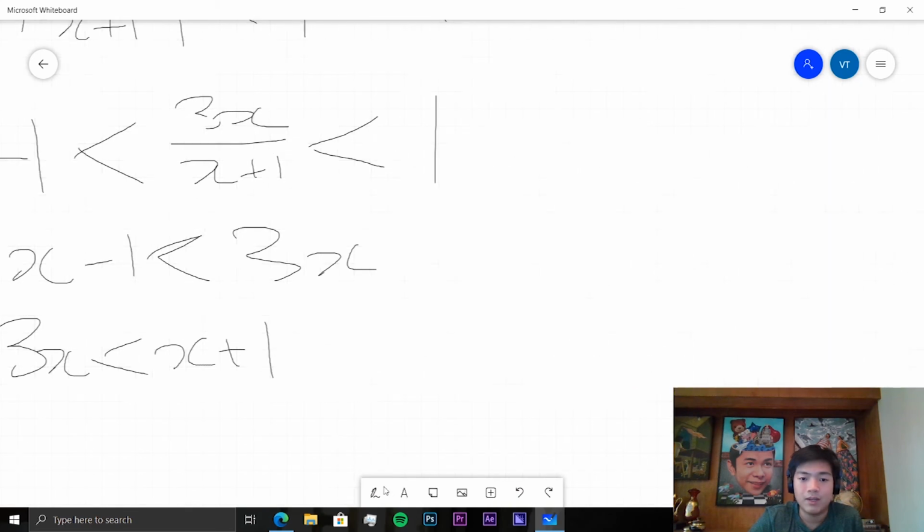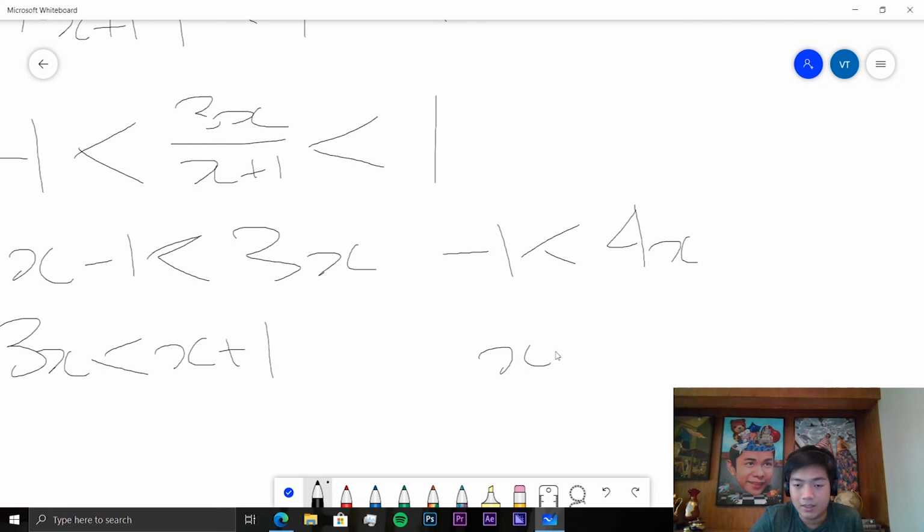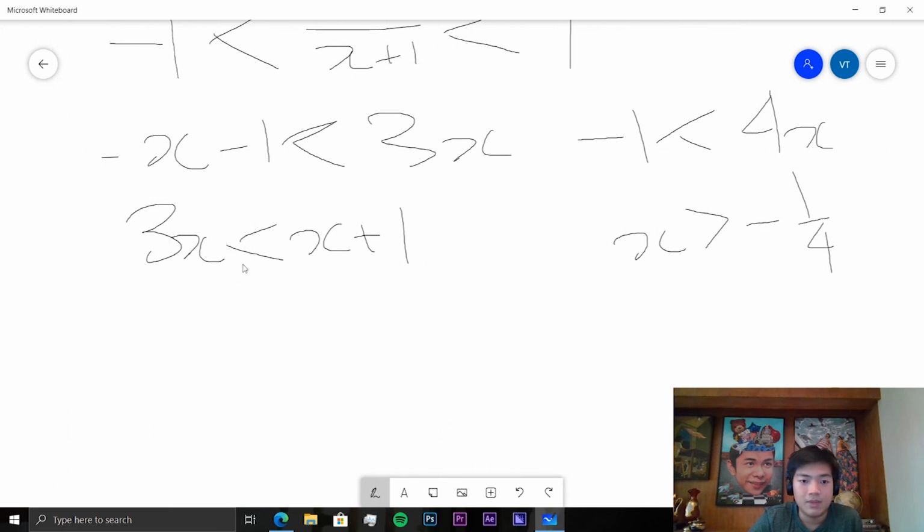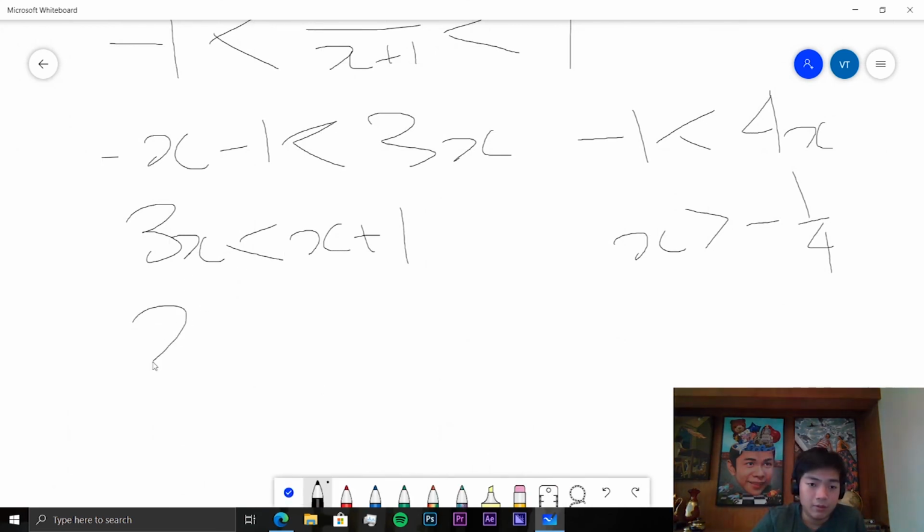So this top one would mean negative 1 is less than or equal to 4x, so x is greater than or equal to negative 1/4. And this one over here would mean that we have 2x is less than 1, so x is less than 1/2.